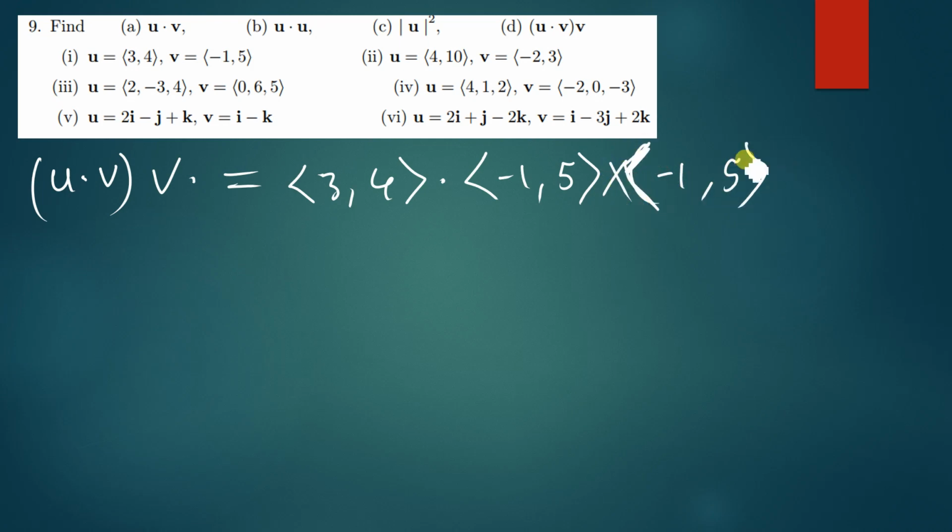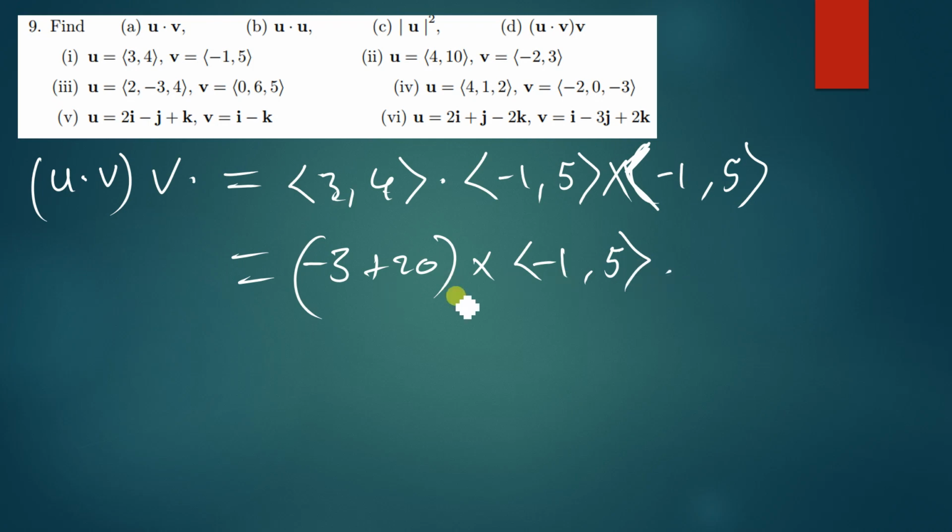So the dot product will be 3 times negative 1, negative 3, plus 4 times 5, that is 20. When you add 20 and negative 3, you are getting 17.